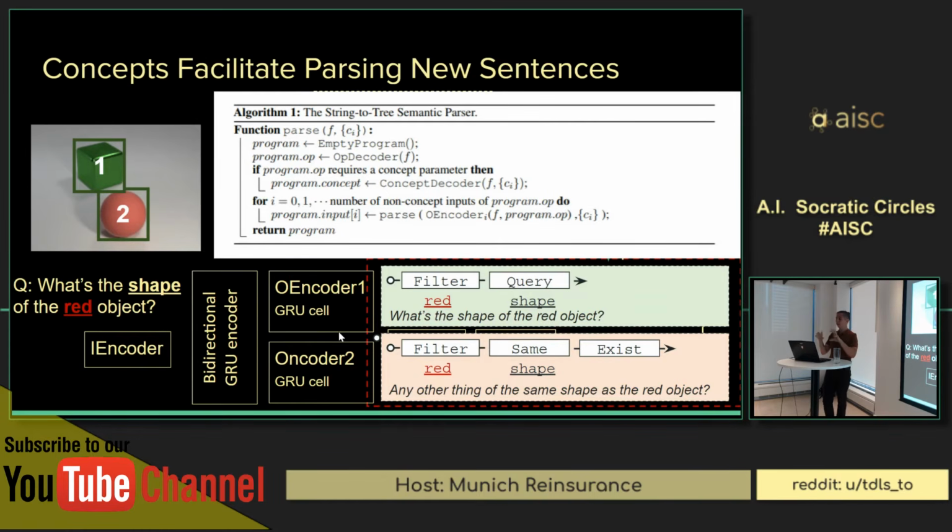And so you build the program out of functions. Those filters, same, exist, those are functions. You build your program, and it is limited in size. For example, initially you can only build a program with a length of 3. So you take all the possibilities of all these different combinations, and you try each one of them on your execution module.